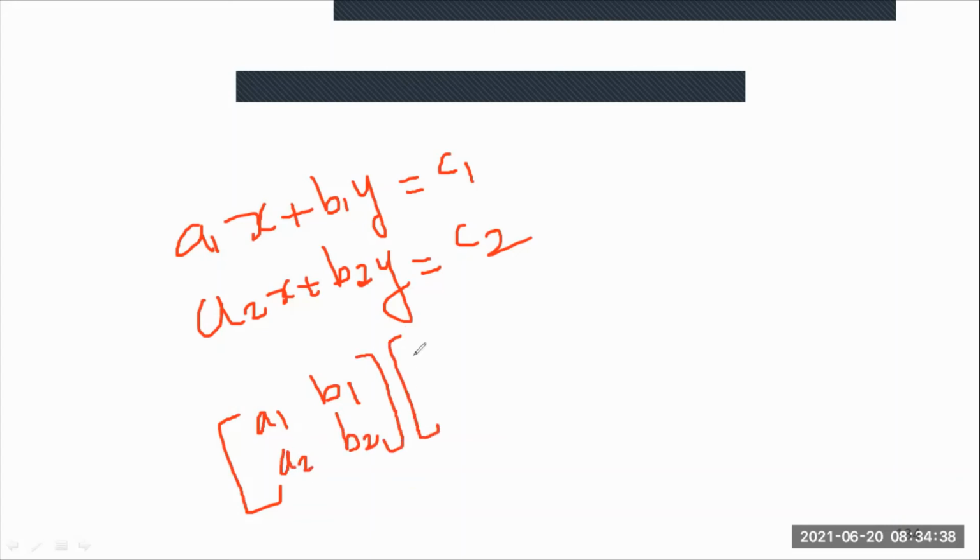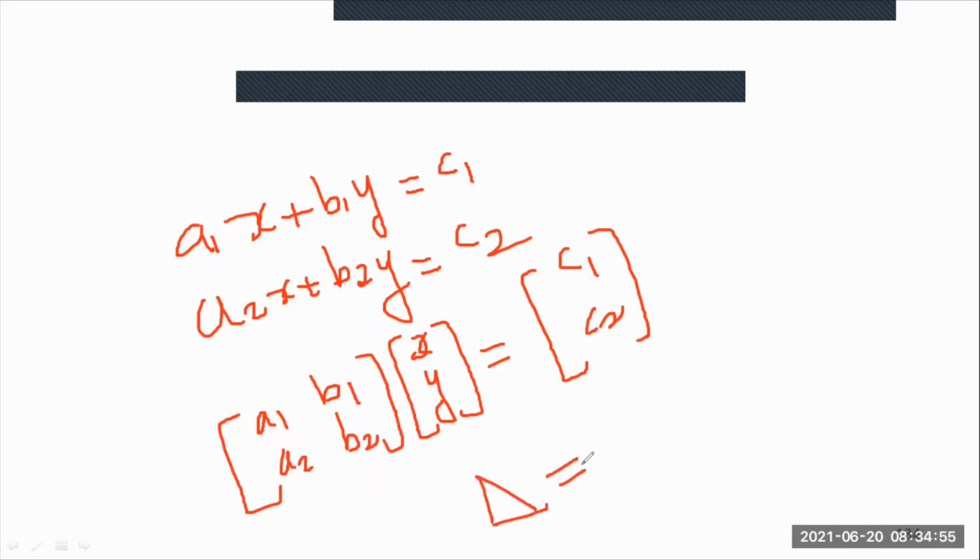The variables X and Y you can make as a column matrix. Then C1 and C2. Clear? Now you have to calculate delta. Delta is nothing but A1, B1, A2, B2. This must be your delta.